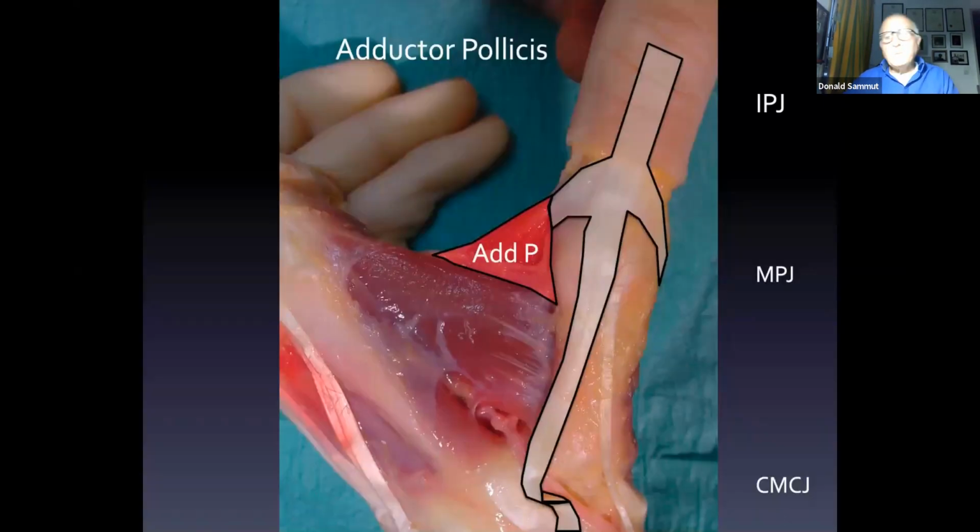The next muscle would be the adductor pollicis, a very powerful muscle. I consider the adductor pollicis, which you can just about see here from the dorsum, and the first dorsal interosseus, like the pectoralis major and latissimus dorsi of the thumb. They fulfill the same role as those two big muscles in the shoulder girdle will do in the thumb. The adductor pollicis will insert into the extensor hood here in symmetry with the abductor pollicis brevis.